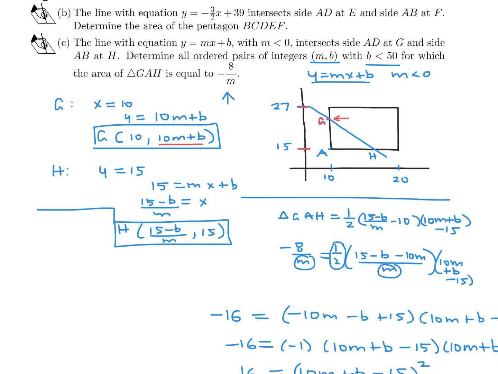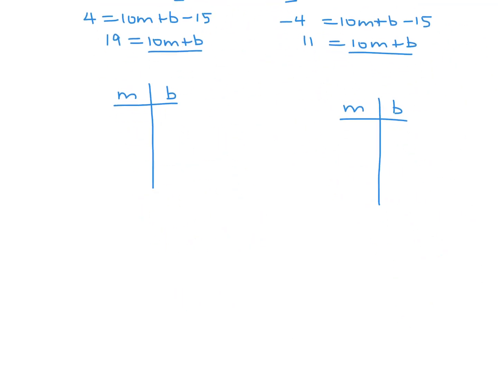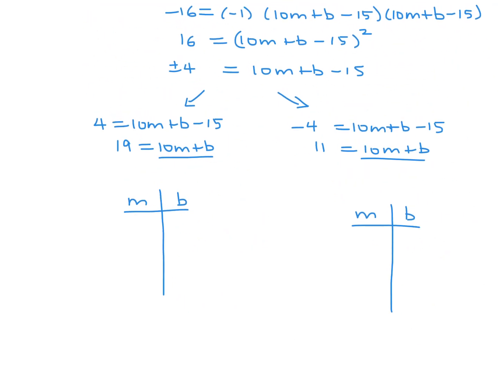So 10m plus b has to be less than 27 and greater than 15, right? Let's use that to see if both of these are possible. 10m plus b is between 27 and 15, right?